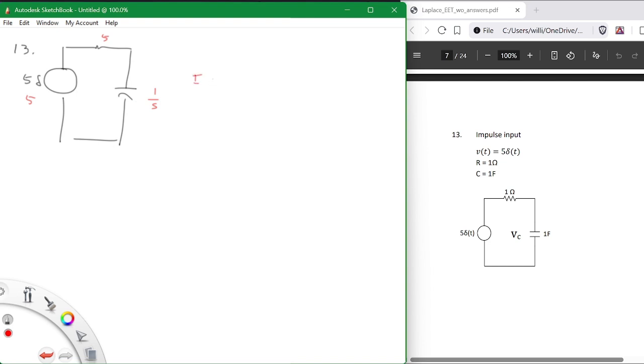I of s is equal to 5 divided by 5 plus 1 over s. Is that right? Huh? Oh, that's okay, you're right. Good eye.